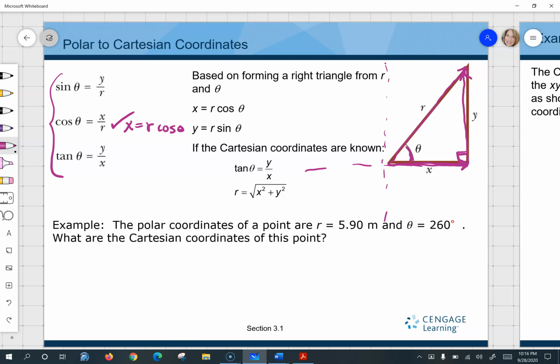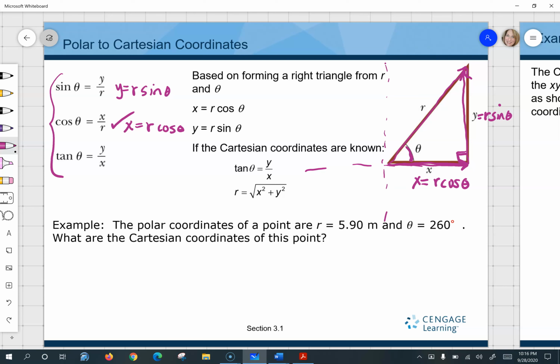And the same thing, y would be equal to r sine theta. So you could then just write in there that x is r cosine theta. And then y, it won't fit in here, but there we go.